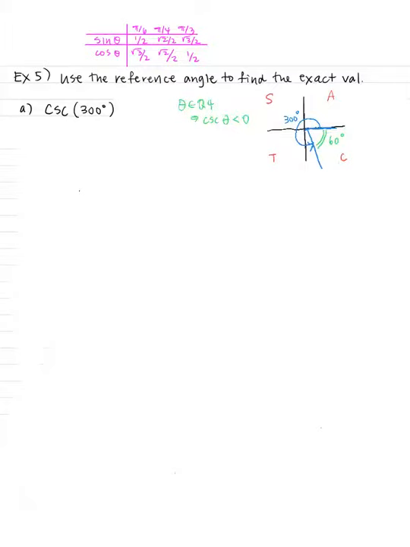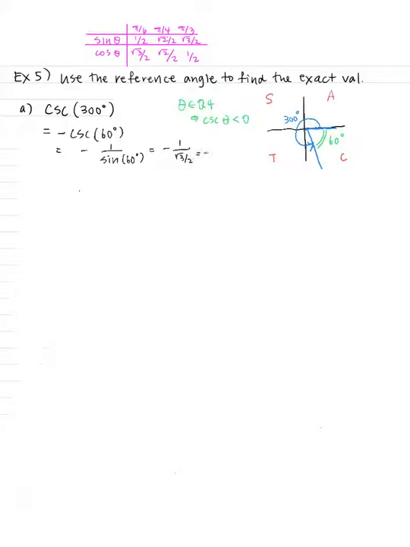So according to the reference angle theorem, this is going to equal negative cosecant of the reference angle for 300 degrees, which is 60 degrees. That is negative 1 over sine of 60 degrees. 60 degrees is pi over 3, so negative 1 over root 3 over 2.